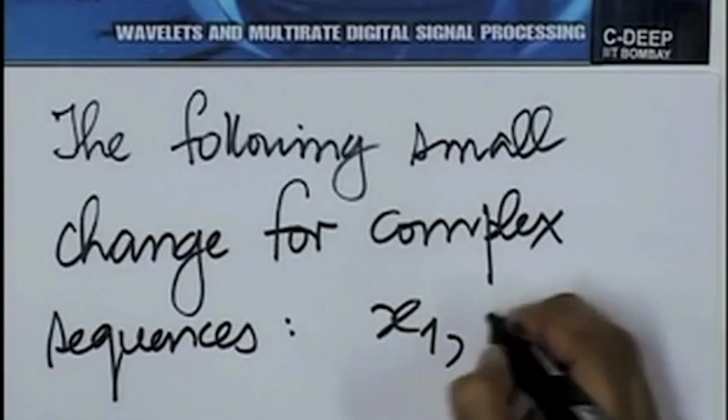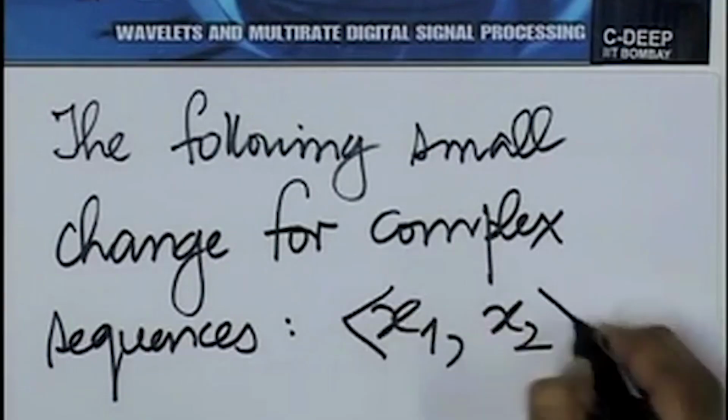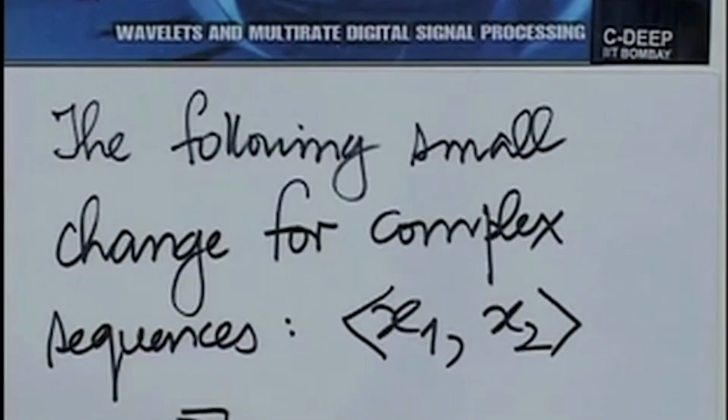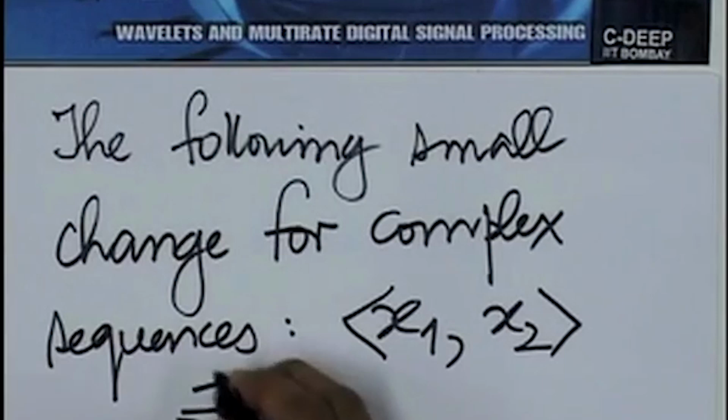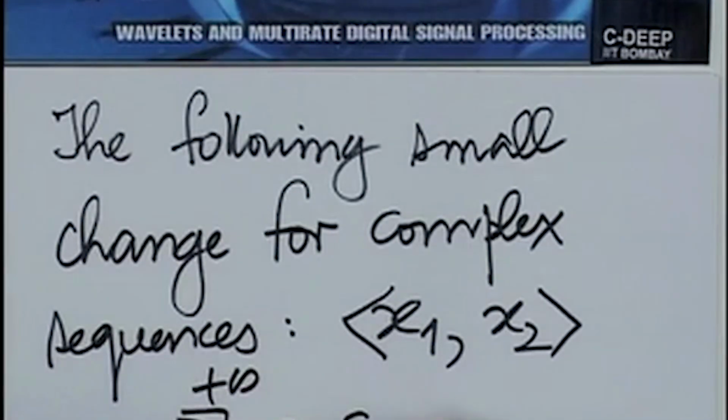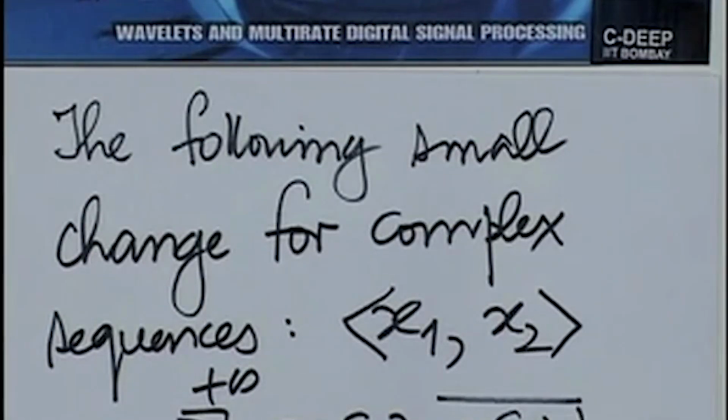Dot product of x1 with x2 is summation over all n, x1 n, x2 bar n, where bar denotes the complex conjugate.